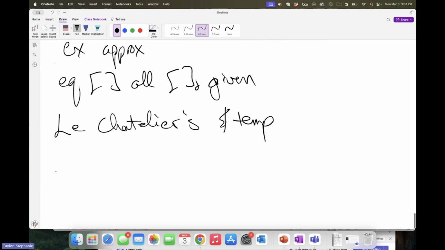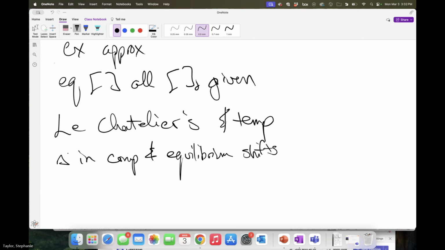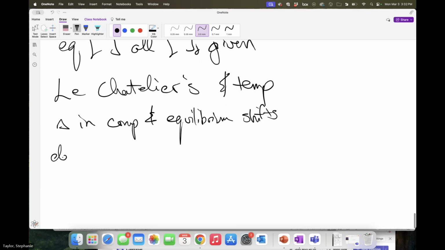Can you go over how to determine changes in composition and shifts in equilibrium? Do you mind explaining elementary steps and telling the difference between catalysts?